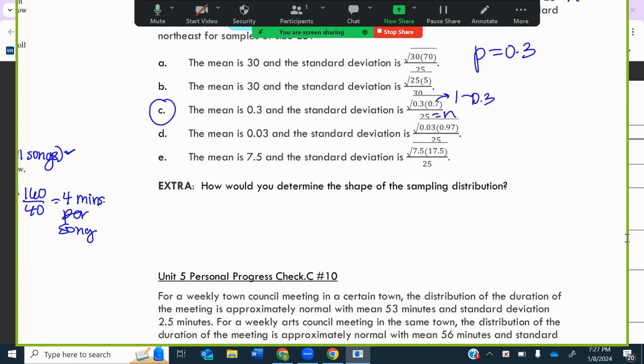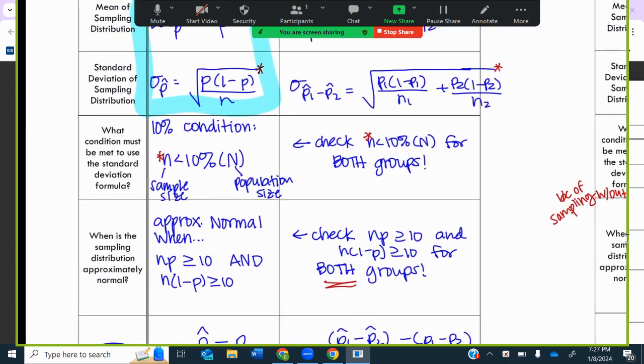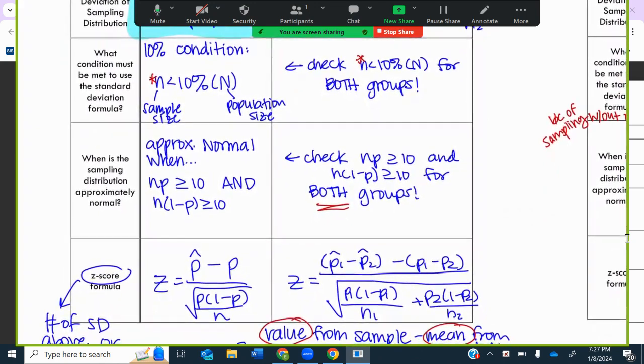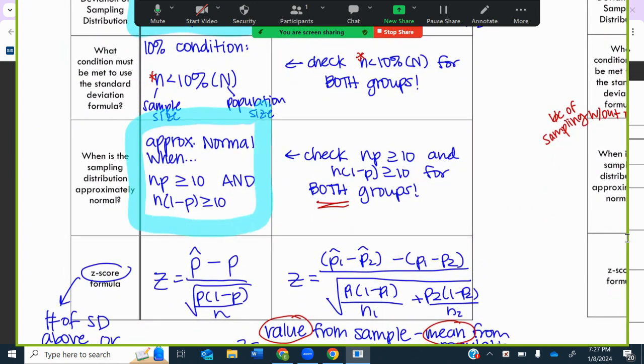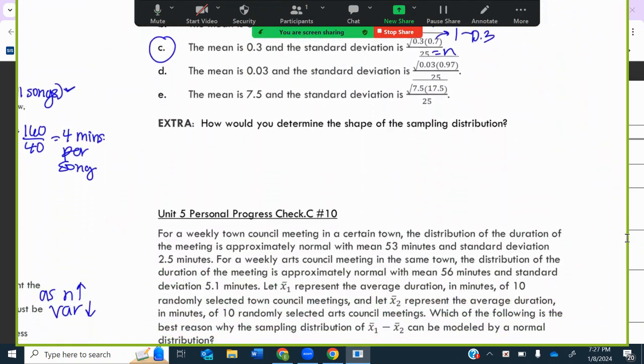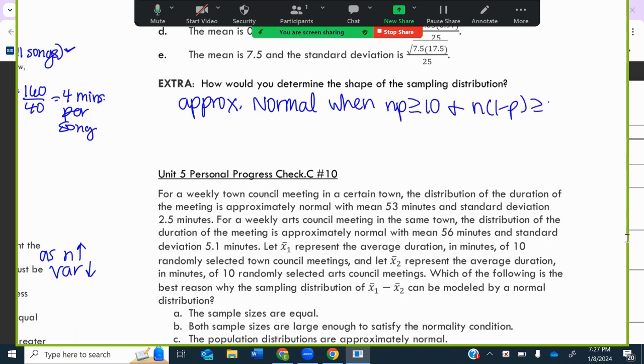We have a little extra question here. How would you determine the shape? So remember, shape is right here, approximately normal when. So I'm going to write that down on my paper and then just fill it in to get the answer. Okay, so I like to just write the rule down, approximately normal when n times p is at least 10 and n times 1 minus p is at least 10.